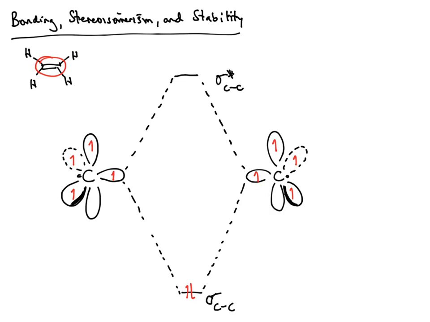This is a symmetrical molecule, and so the CC sigma bond would look something like this. And there's a node in between the two carbon atoms for the sigma star CC. Now we also have sideways overlap, or above and below the plane overlap, between the atomic p orbitals of those sp2 hybridized carbons. And so that's going to give rise to a pi and a pi star.